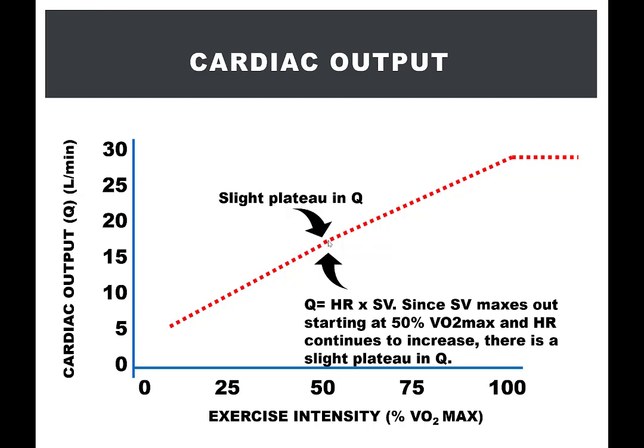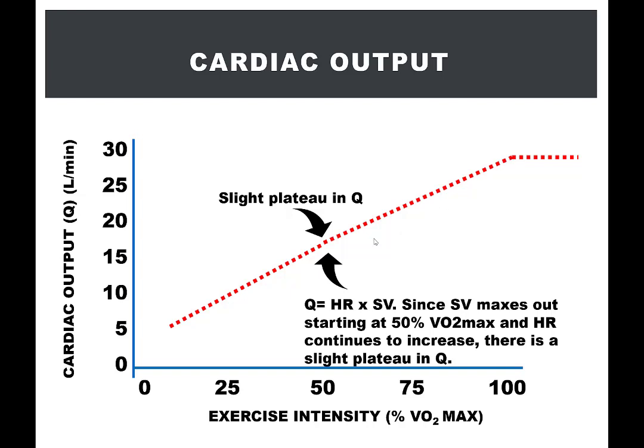So from 50% VO2 max up to 100% VO2 max intensity, there is no further change in stroke volume, as we discussed in the previous slide. So the only contributor to an increase in cardiac output from 50% VO2 max intensity and above is heart rate. Since again, stroke volume is already maxed out.